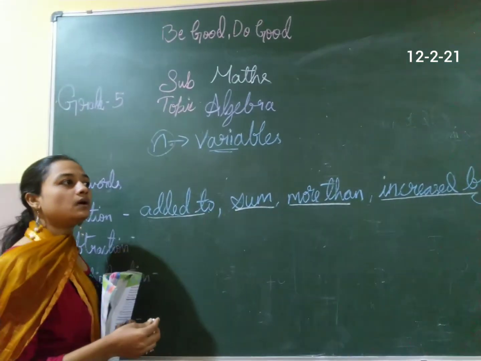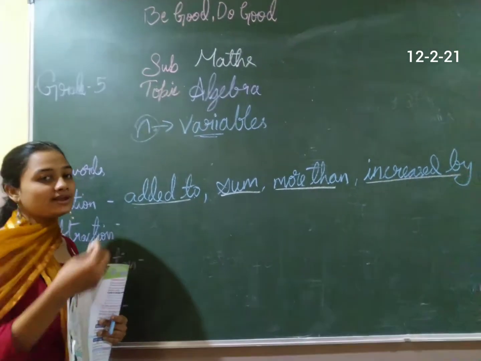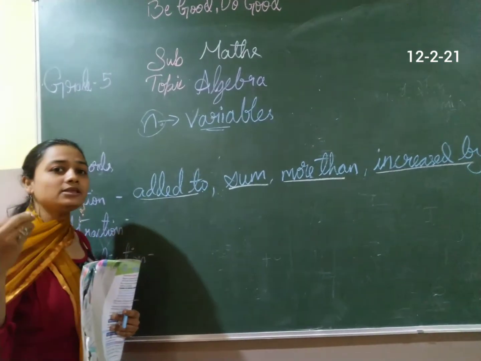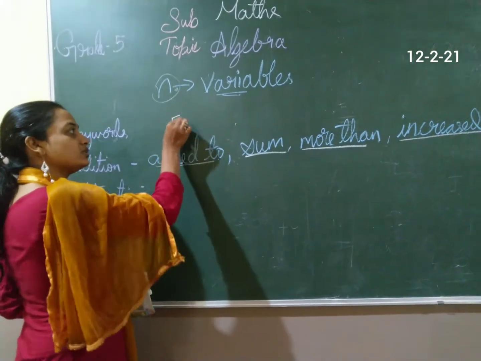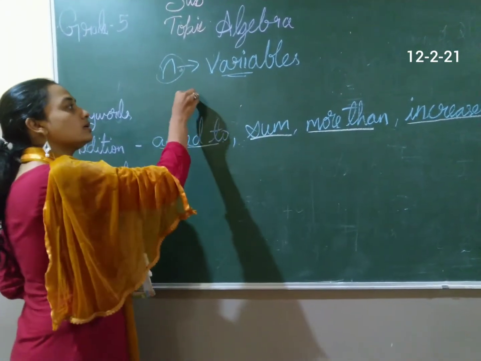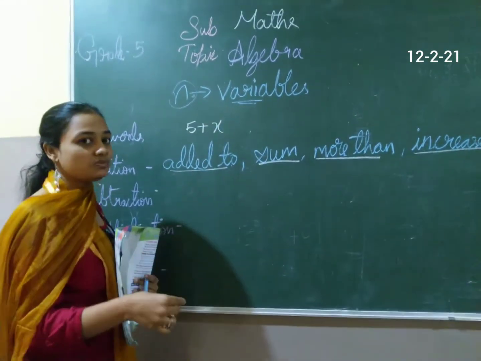Example, I have 5 chocolates with me and my friend gives me X number of chocolates. Okay, so I added my friend's chocolates with mine. So what did I do? I had 5 chocolates, and I added my friend's also. Added how many? My friend's is X. I don't know how much she gave me.